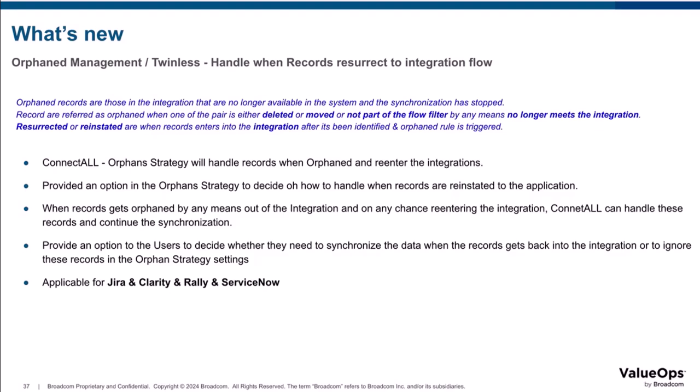So in this case, the record that was already part of the integration was at one point identified as orphaned, and later it has been restored and brought back into the integration, and now the synchronization needs to continue to flow. This condition is what we have solved as part of the orphan management resurrection functionality that we have built in 3.7.